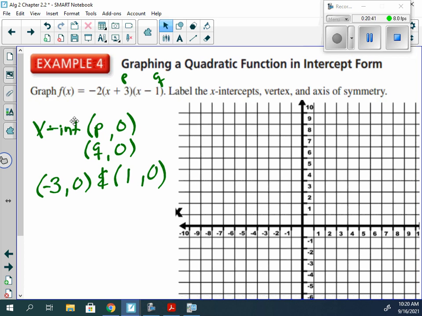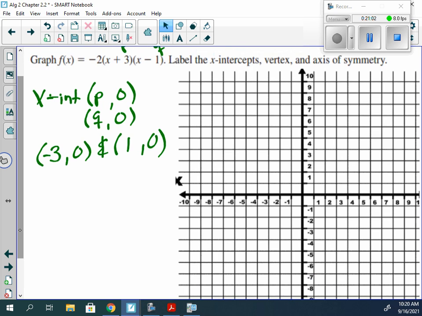X minus p times x minus q. And p and q are really interchangeable. They're just those 2 points. But we are subtracting them. So that means if inside the parentheses the value of either one of them is positive, it means the actual value is negative. And if the value in there shows up as negative, it's actually positive.